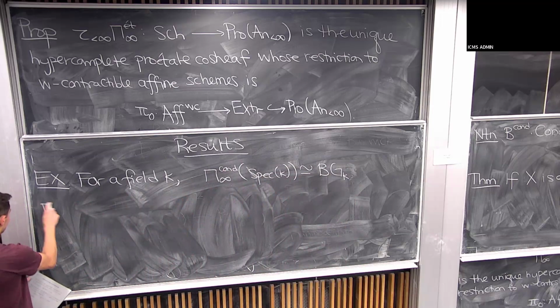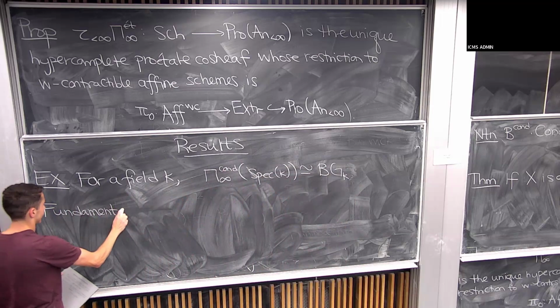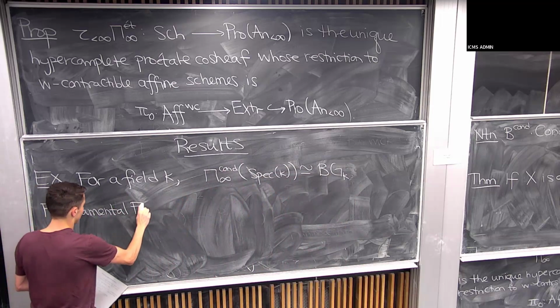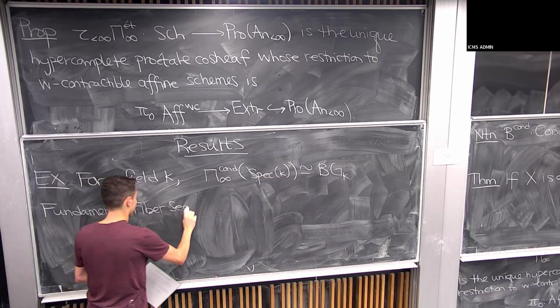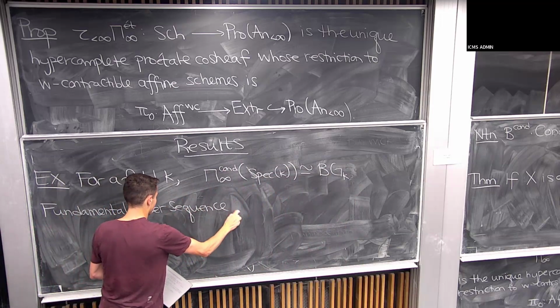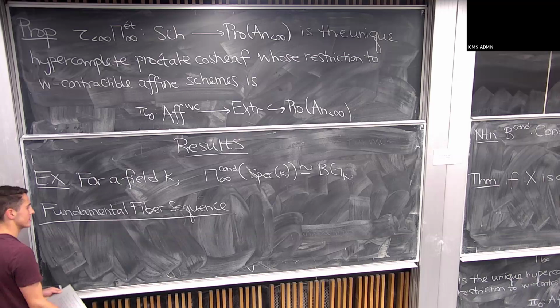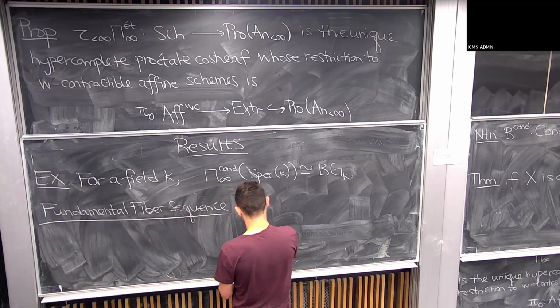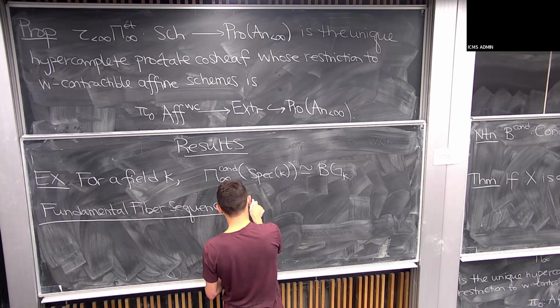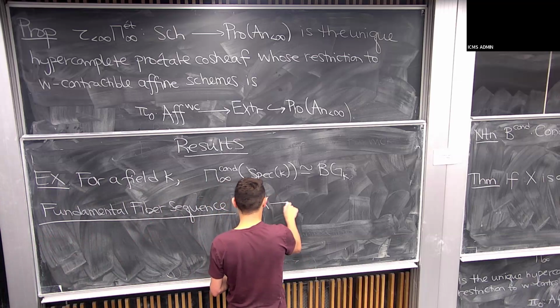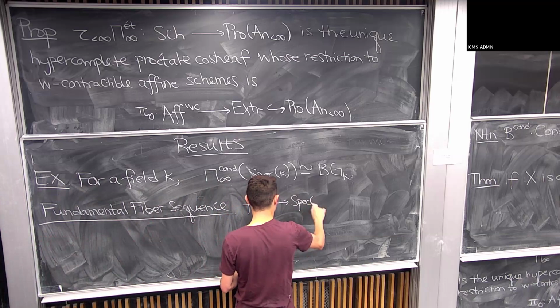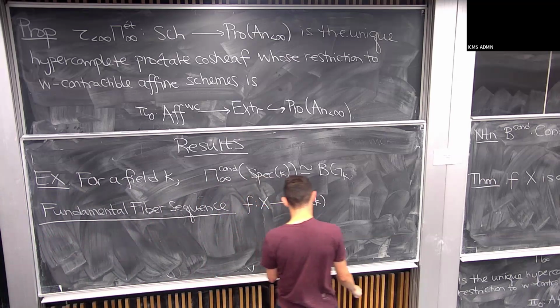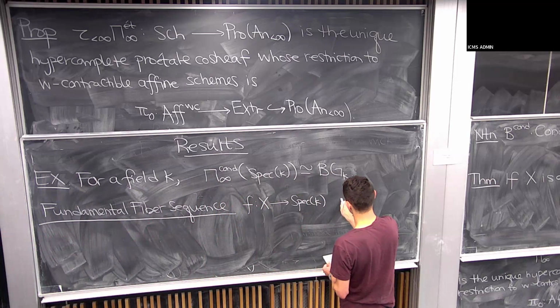Then there's the fundamental fiber sequence. So you may have seen this fundamental exact sequence for étale pi1, and this is the thing that refines it. So say we have f from X to say spec k, that's a QCQS scheme.